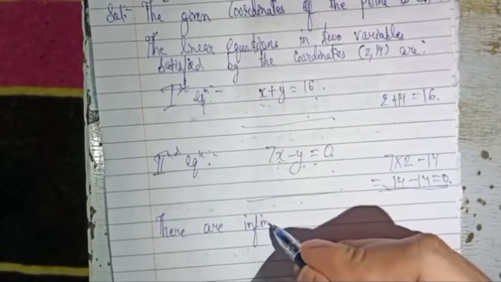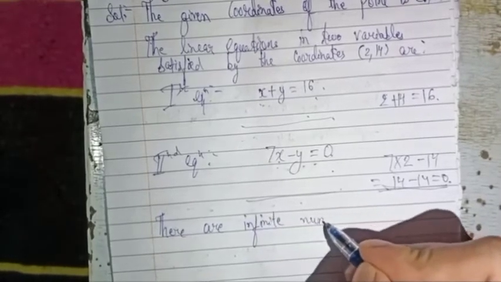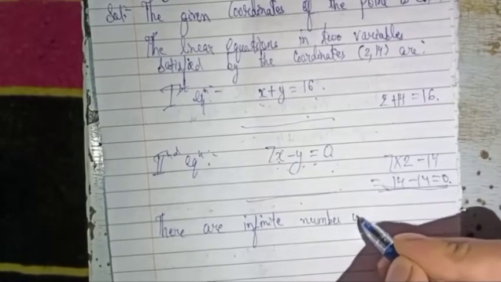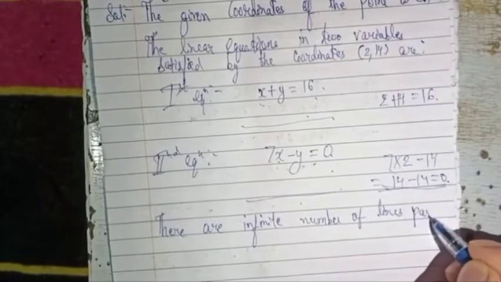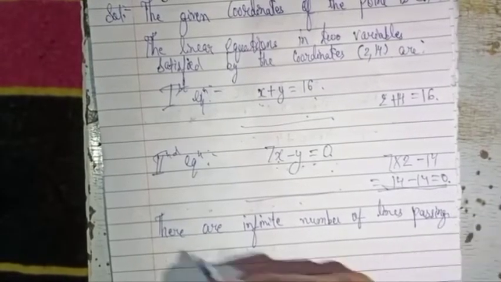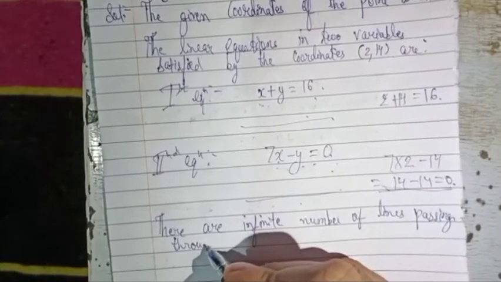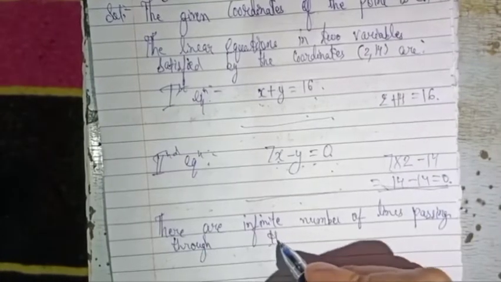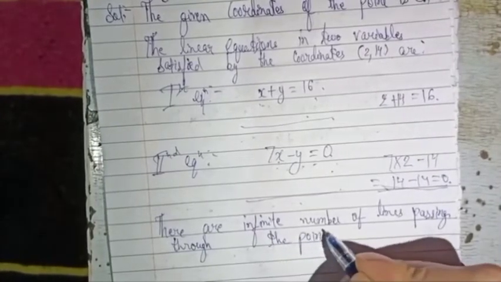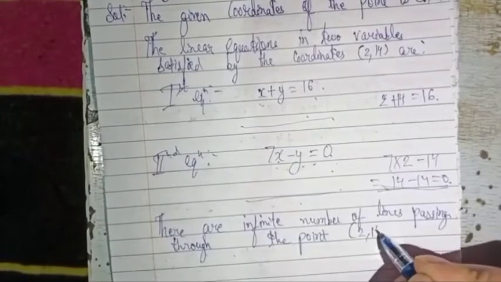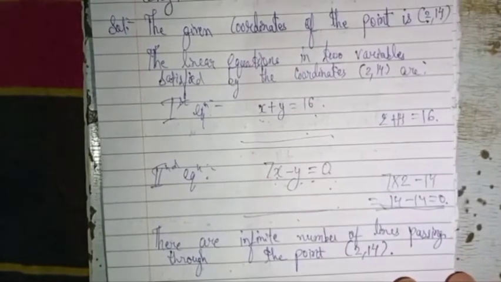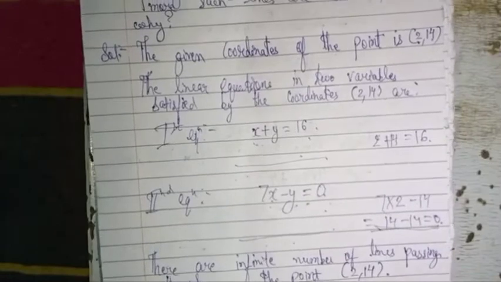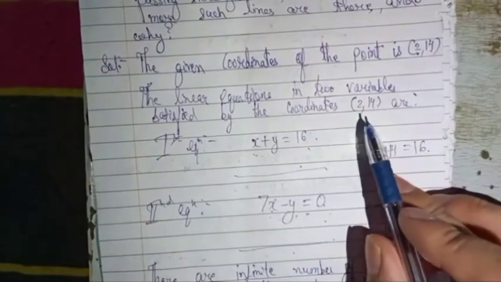So there are infinite lines passing through the point (2, 14). In this way we can make linear equations in two variables based on the coordinates.